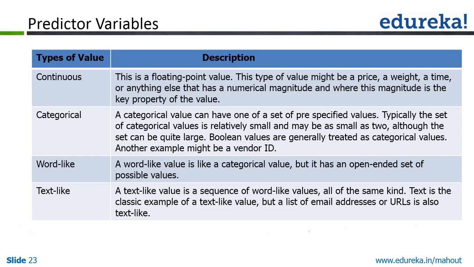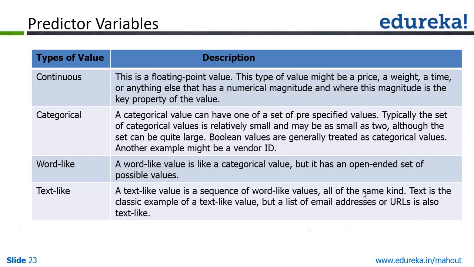Typically the set of category values is relatively small, and it is generally a Boolean sort of thing. Same goes for vendor IDs or user IDs, because those are actually numbers, but you cannot do anything with that number, and they will not define any specific thing. So obviously those will also be part of categorical. Word-like is a category only, but an open-ended set of possible values, and text is a sequence of words.